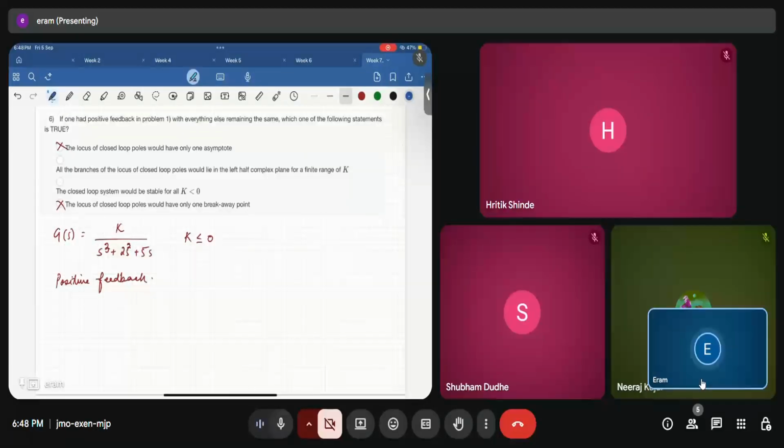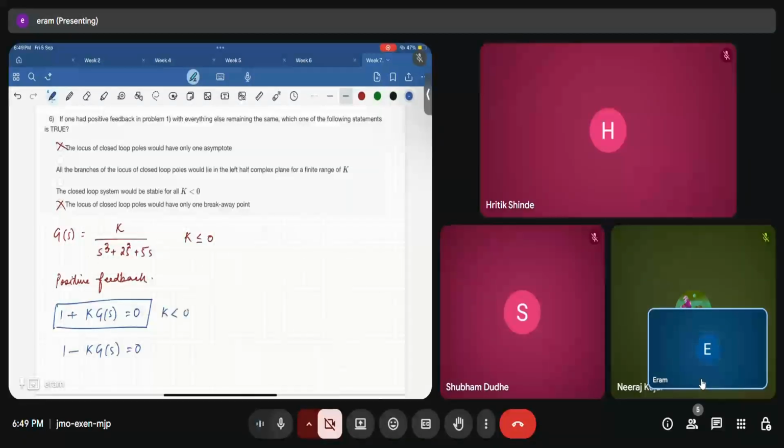Okay, now since we plot this closed loop characteristic equation, and this locus is nothing but the root locus, in this case we have positive feedback. So what will it be? It will be 1 minus k G(s) equals 0.